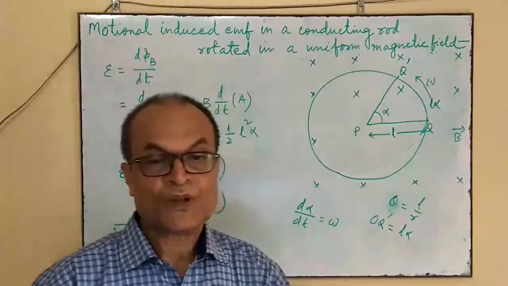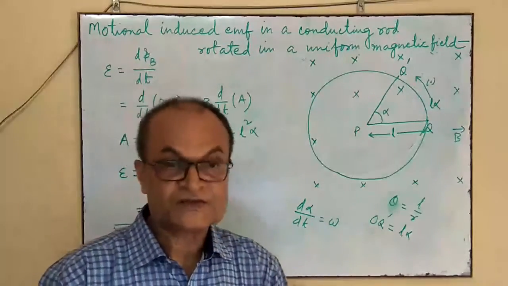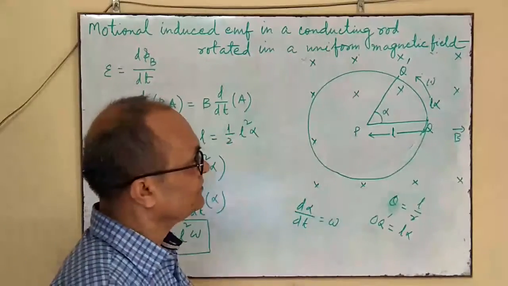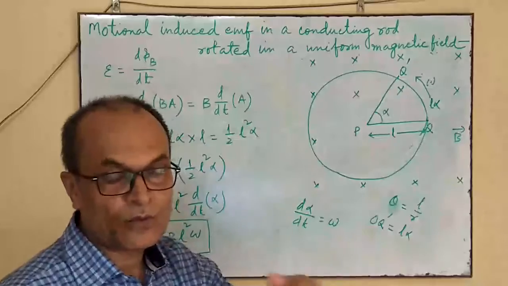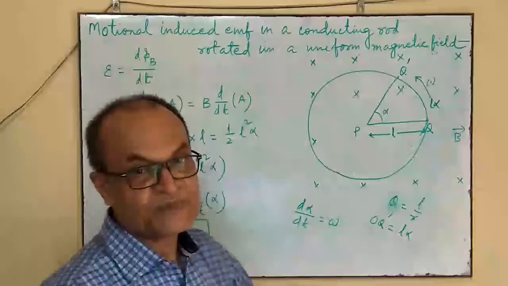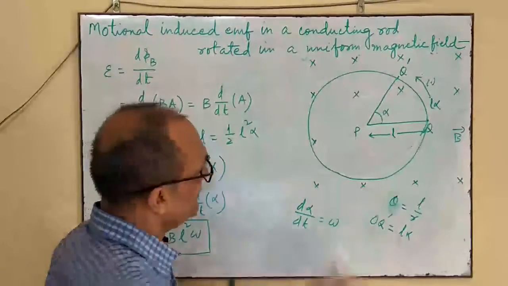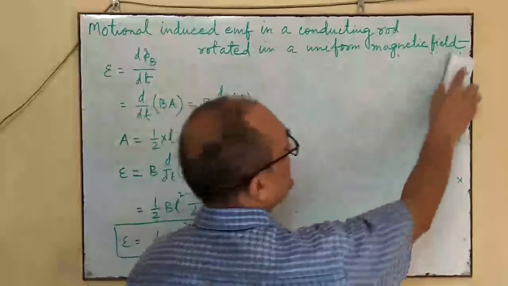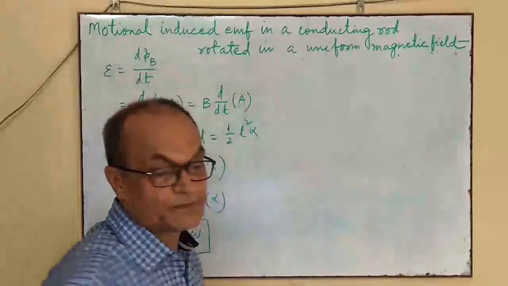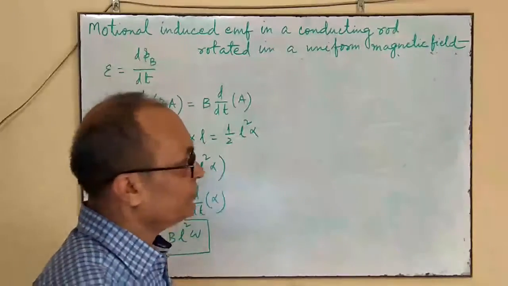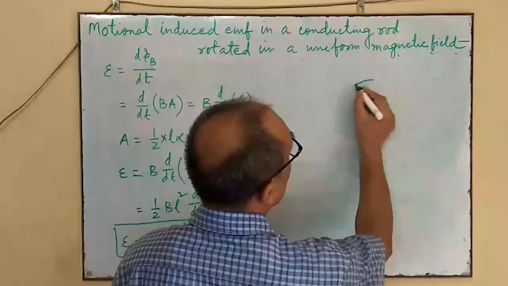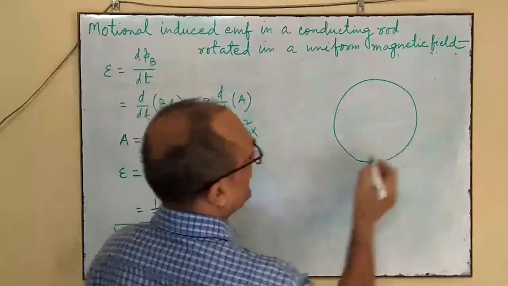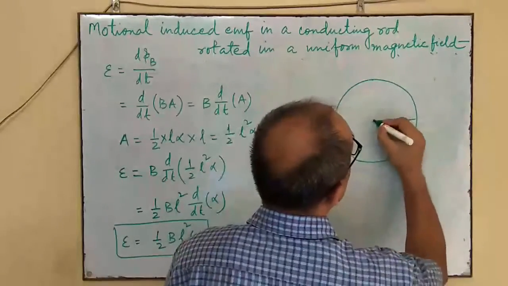I think this is very important, and you will find in the NCERT book the example of a cycle wheel attached with some spokes. We can easily solve this, but there is some problem here, so I am going to discuss it. Suppose this is a wheel of a bicycle, and here are some spokes.